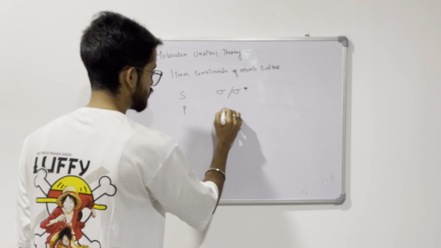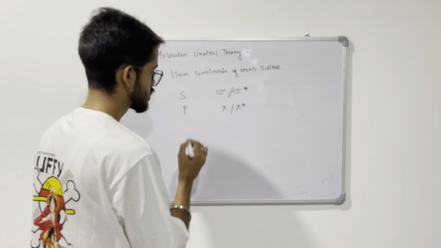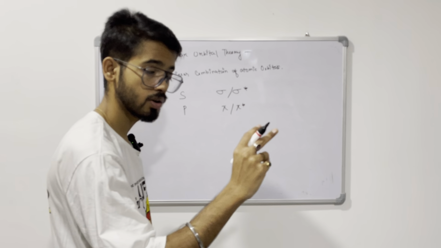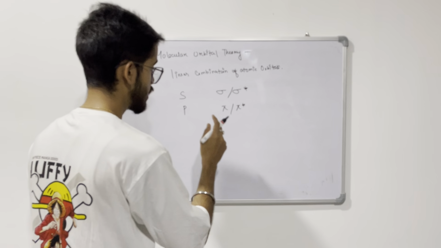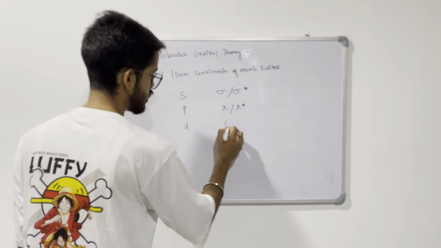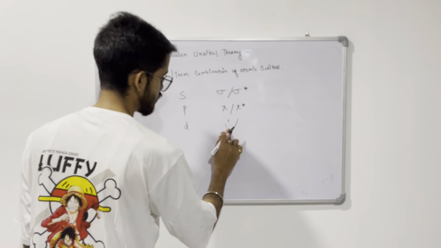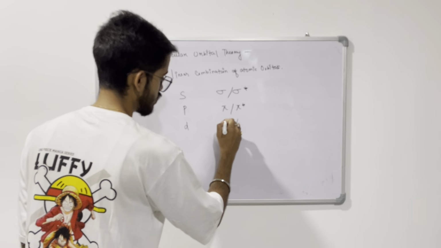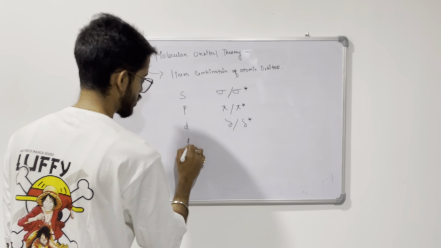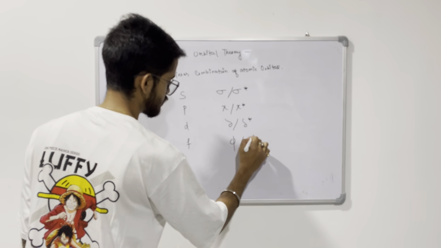Similarly, when p orbitals of two different atoms combine, two molecular orbitals will form, one pi and the other pi star. Similarly, for d, we have phi and delta star, and for f, we have pi star.